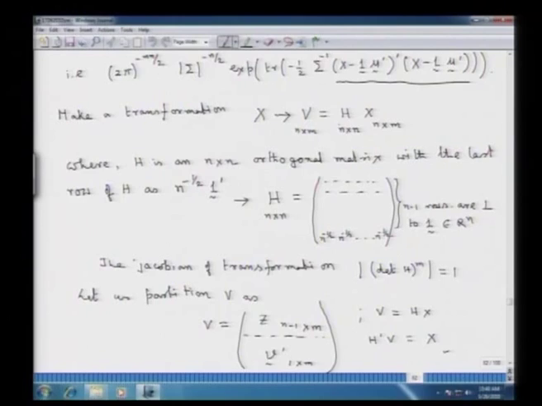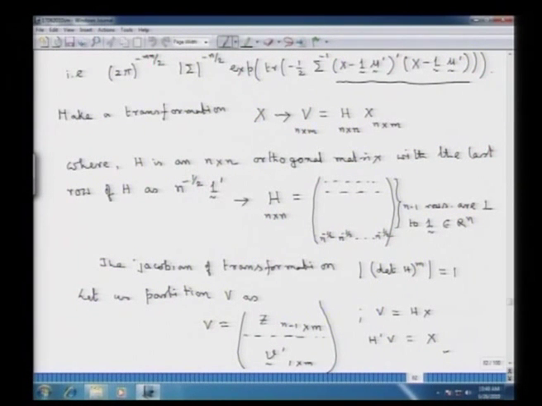V was given by H times X, and H was an orthogonal matrix with the last row of H given by n to the power minus half in all the positions. With this transformation, we were trying to see what is the joint PDF of this transformed random matrix V, n by m.